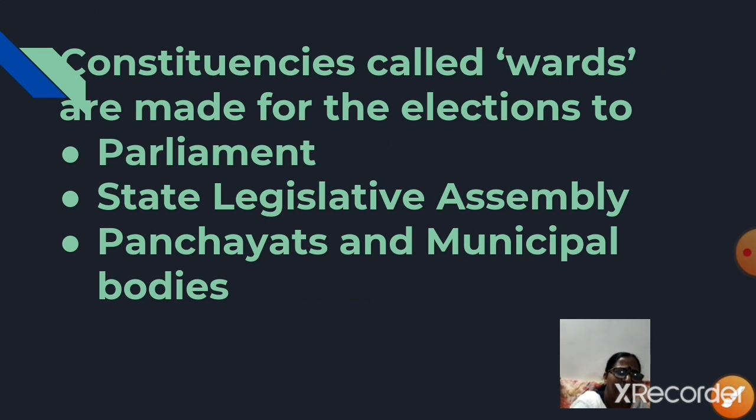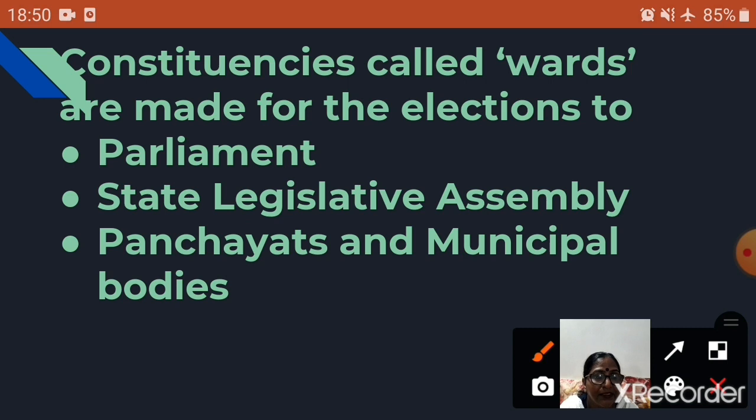This is the last one. Constituencies called wards are made for the elections to Parliament, State Legislative Assembly, or Panchayats and municipal bodies? And the answer is Panchayats and municipal bodies.